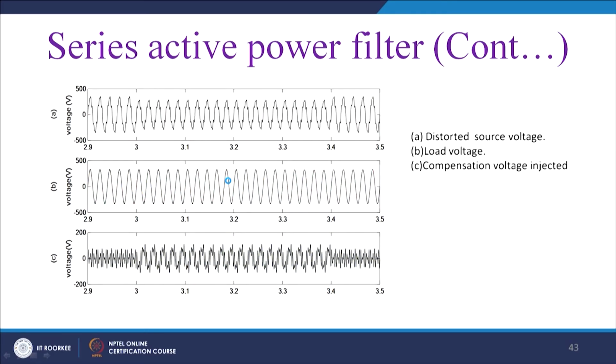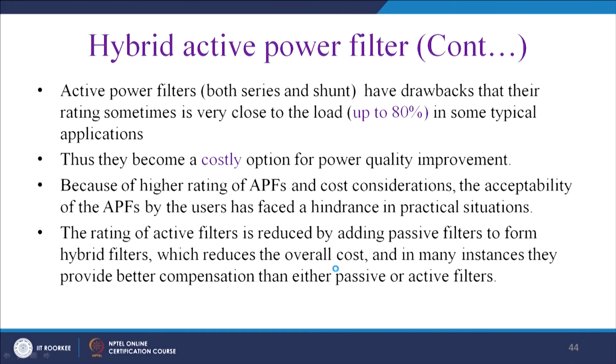So, this is the example of the voltage where we got notches, and ultimately this is the line voltage after the action of the series filter, and this is the voltage injected. You can see that in between there is a voltage swell that has also been absorbed by this active filter.